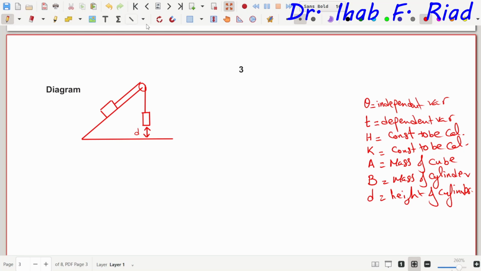We are going to use a meter ruler, like this.